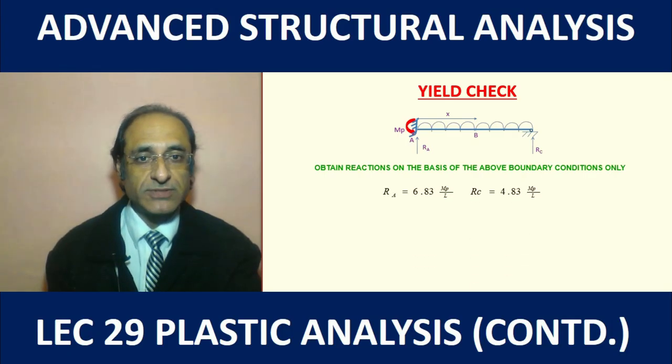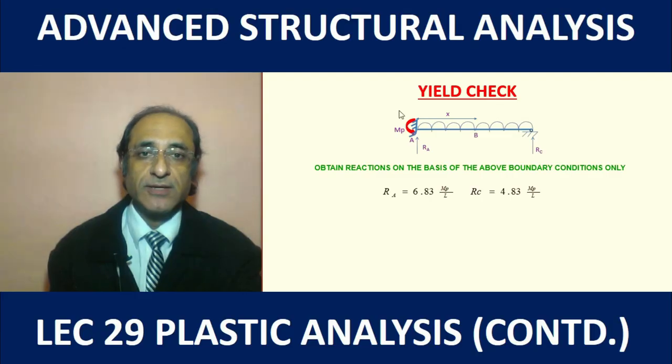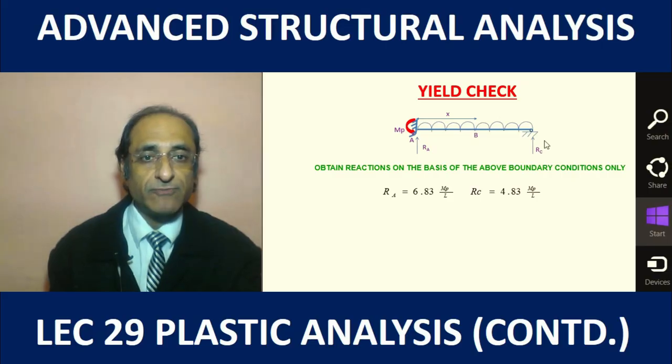So what we have done is that based on these boundary conditions we obtain the reactions. In this situation we have only assumed that at A the bending moment is MP. So based on this information we can find out the values of the reactions. So these reactions are now independently obtained. We are not referring to the previous values but obtained using this configuration only.